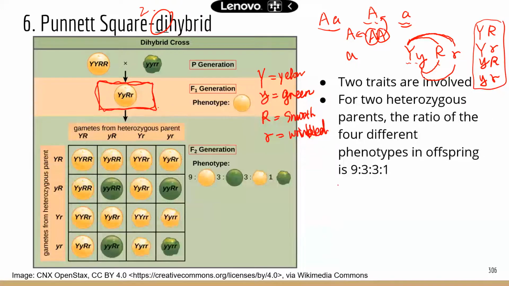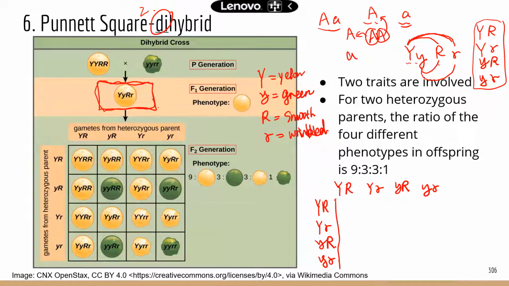So now you just need to write out all 4 possibilities. This is for parent 1, and parent 2, who has the same genotype, is going to have the same 4 gamete genotypes.